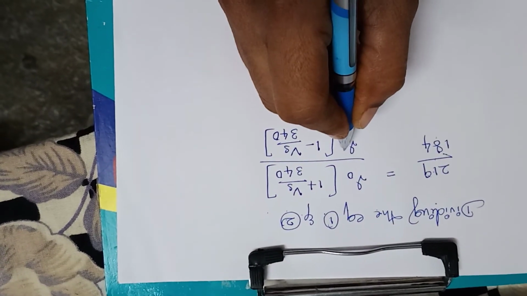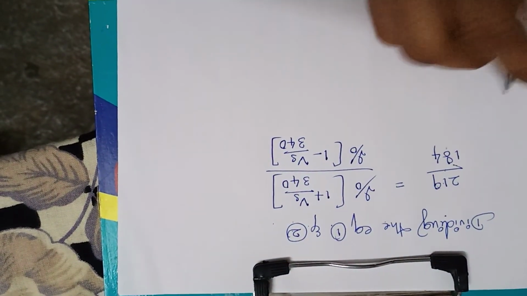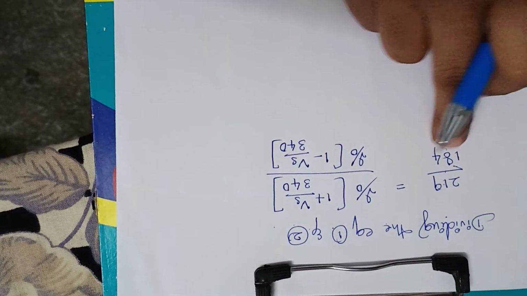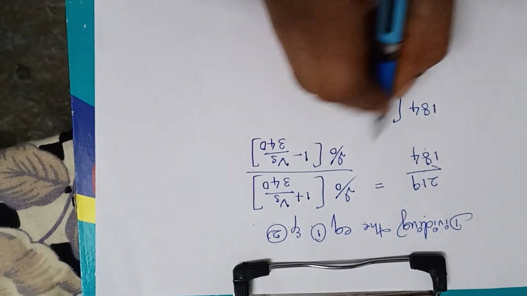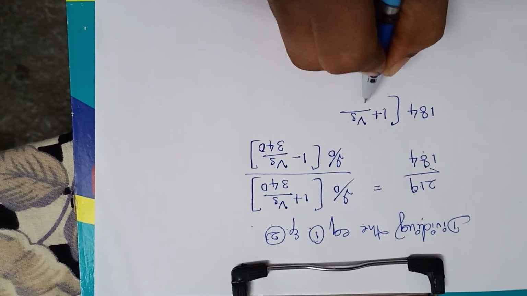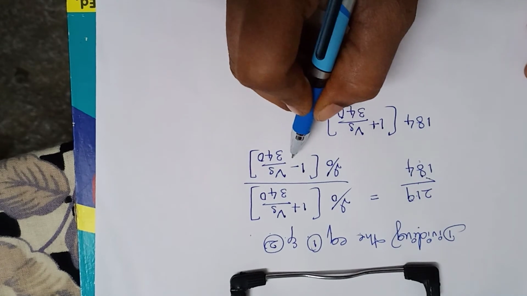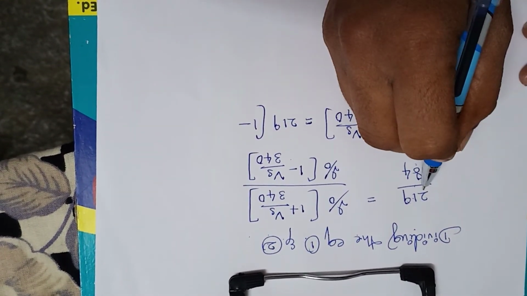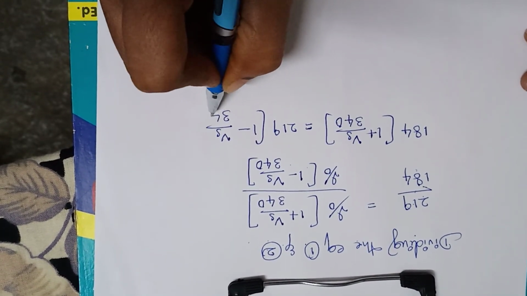Nu naught is cancelled. Then by cross multiplication, 184 into 1 plus vs by 340 equals 219 into 1 minus vs by 340.